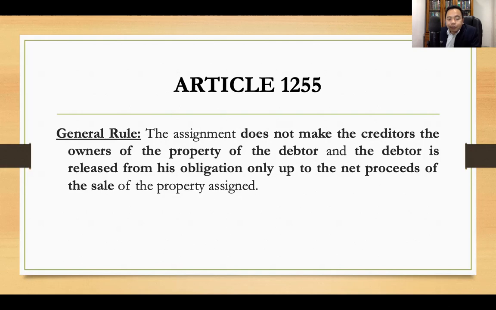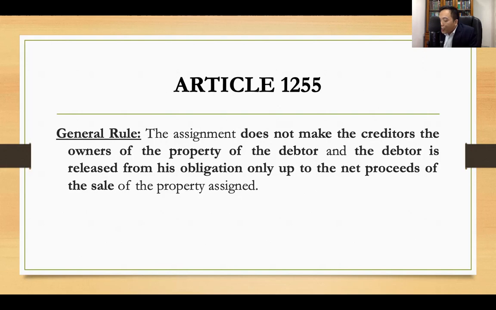Okay, I will repeat. The assignment does not make the creditors the owners of the property of the debtor, and the debtor is released from his obligation only up to the net proceeds of the sale of the property assigned.